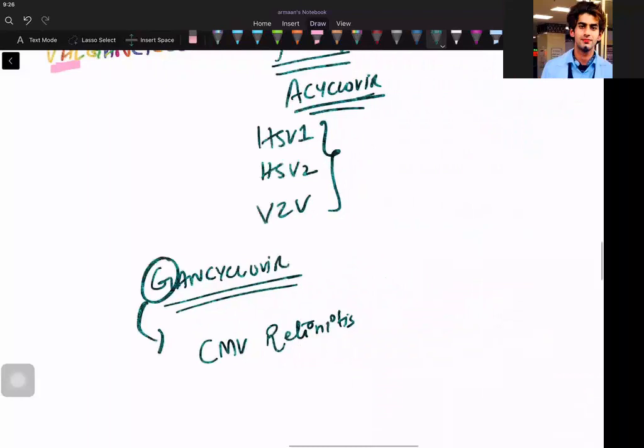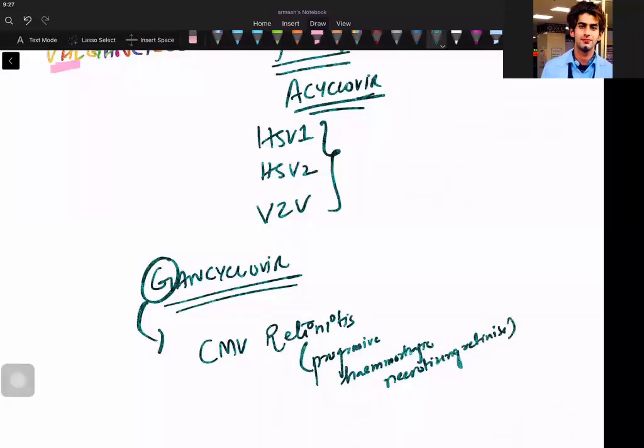Let me write. CMV retinitis. I won't write all the features. I want to explain ophthalmology, but here we are in first year, so I will keep it simple. We get a progressive hemorrhagic necrotizing retinitis.